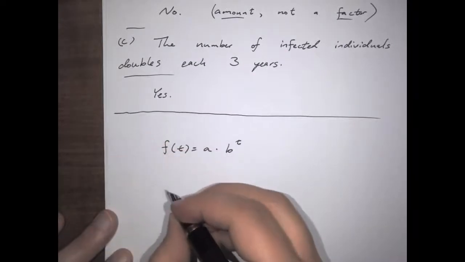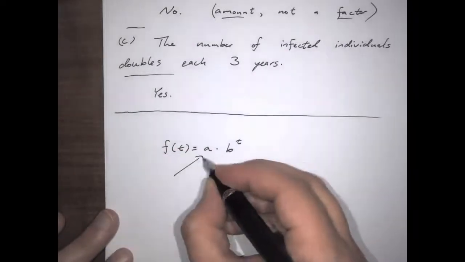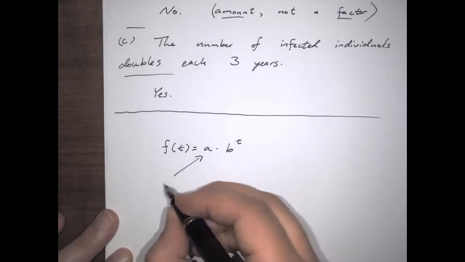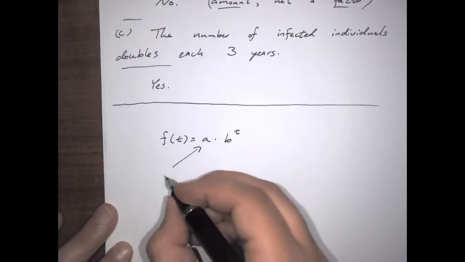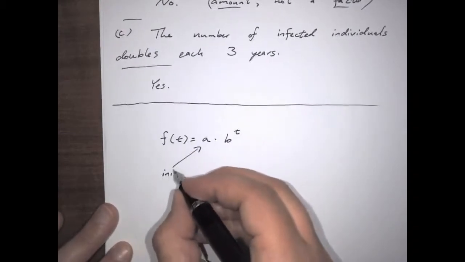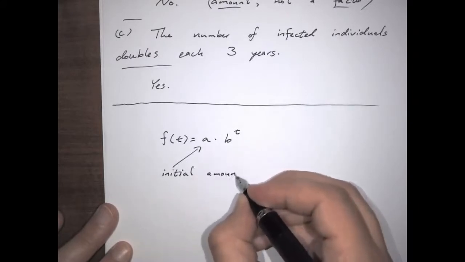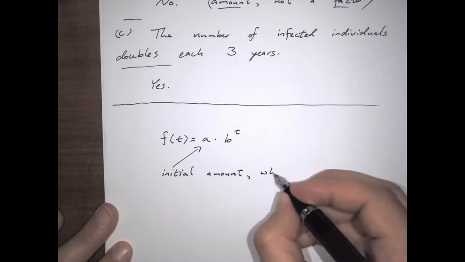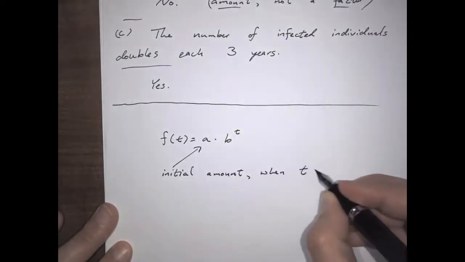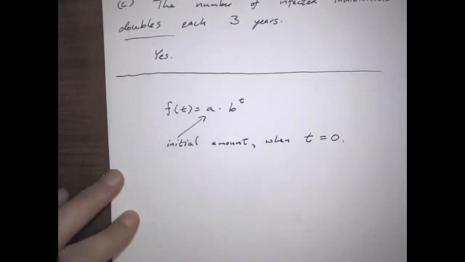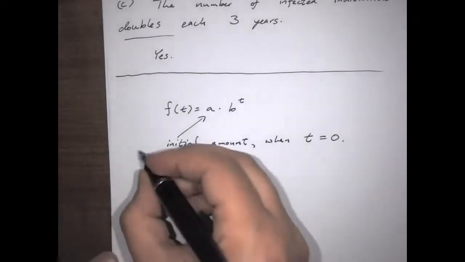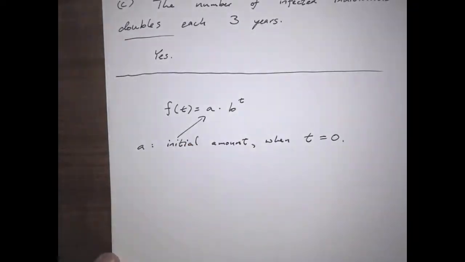Therefore, a is the initial amount when t is equal to 0.